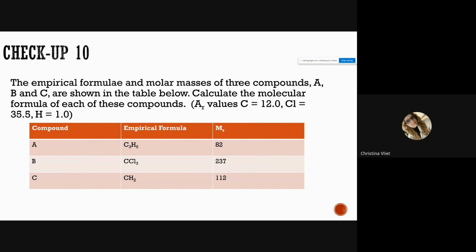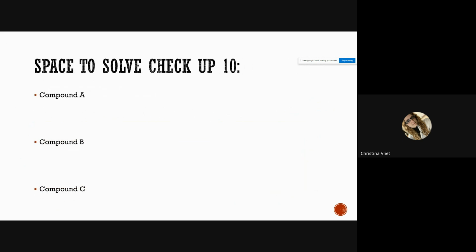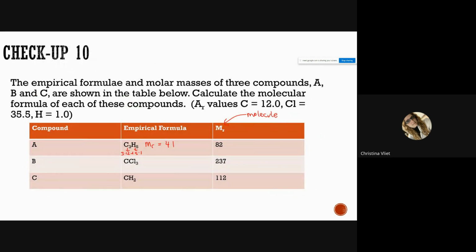Get the molar mass of C3H5. So what is the Mr of that? It's going to be 3 times 12 and 5 times 1. Add those together, you get, I heard it, 41. The molar mass of the molecule is what? 82. So now, in order to get the formula, we take 82 divided by 41.